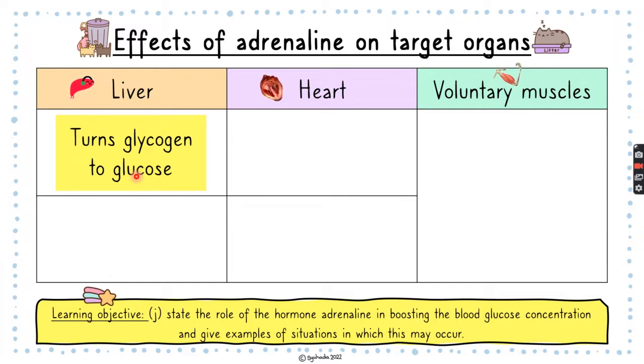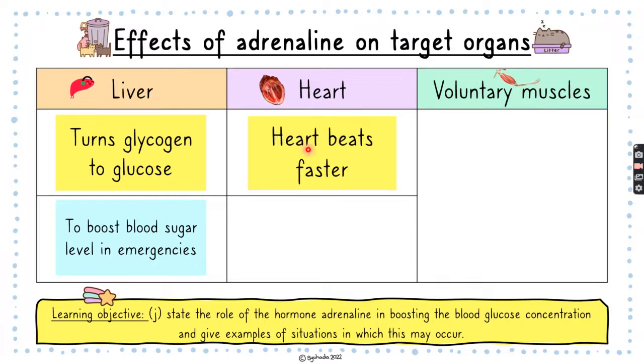So this is a case where you need to use your glucose because you need energy to either fight or flight. During the emergency situation, adrenaline is a hormone that will help your liver to convert glycogen into glucose. The reason for this is to boost blood sugar levels in emergencies.